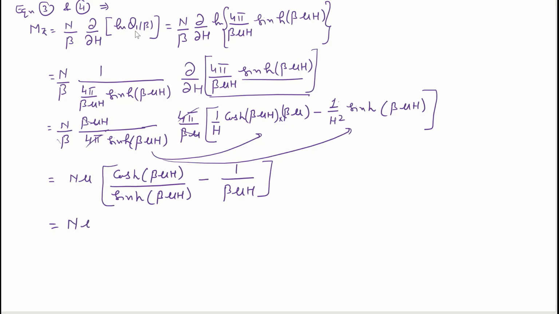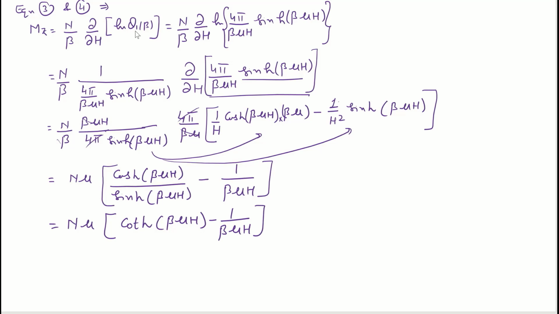Okay, so this is equal to n mu cotangent hyperbolic beta mu h minus 1 upon beta mu h.